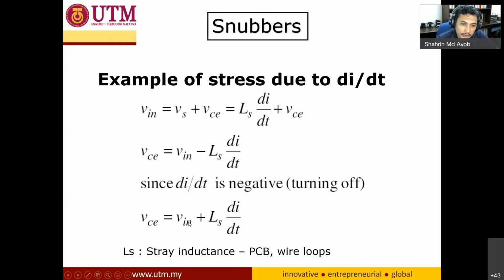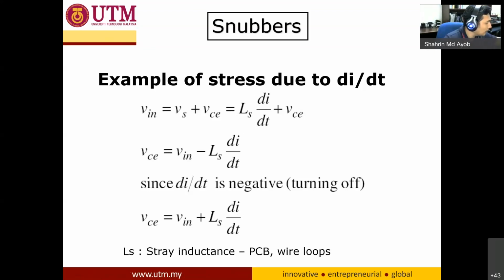So it is the input voltage plus the voltage across the inductor. This stray inductance is due to improper PCB layout or improper wire loops.